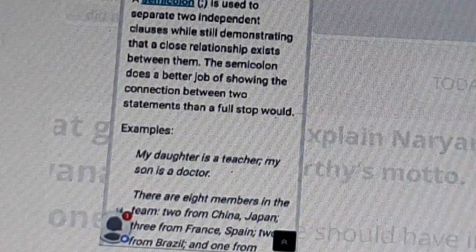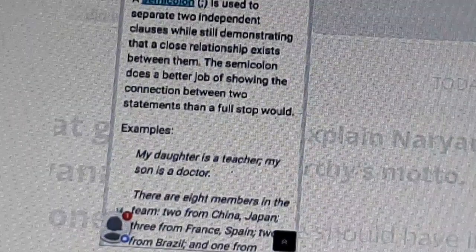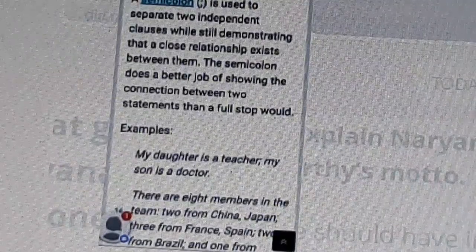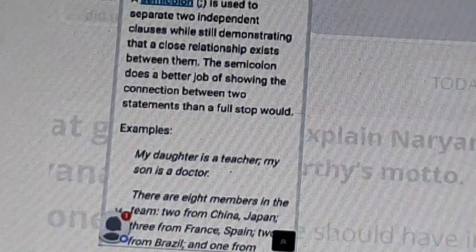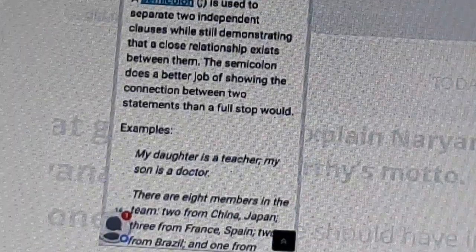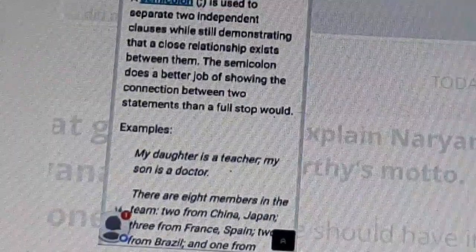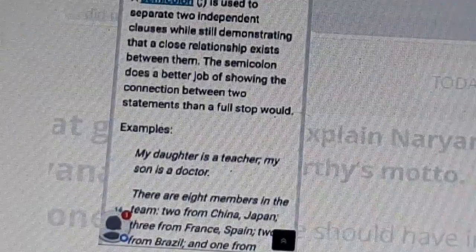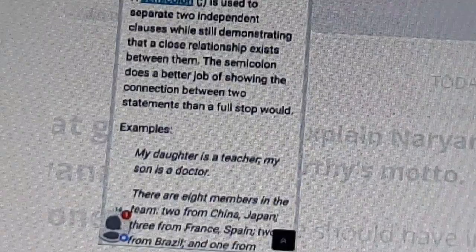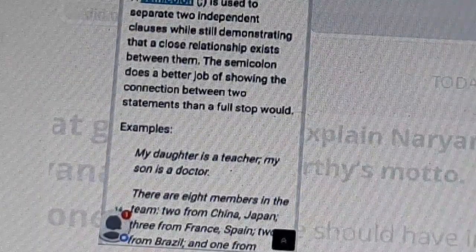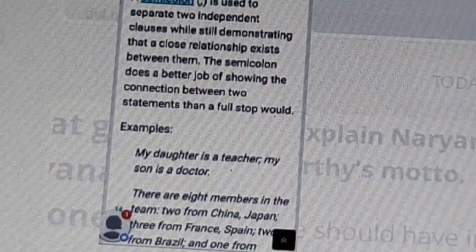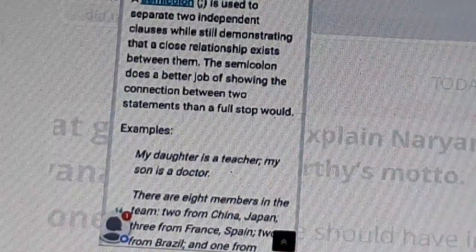My daughter is a teacher; my son is a doctor. Here we put a semicolon after my daughter is a teacher to separate them. Okay. There are 8 members in the team. There we put a colon. 2 from China and Japan. After Japan we put a semicolon. Okay.